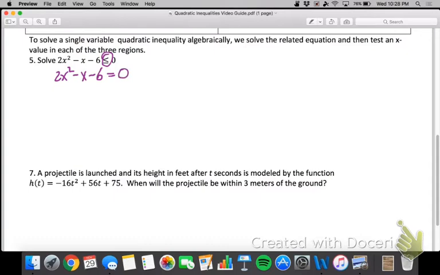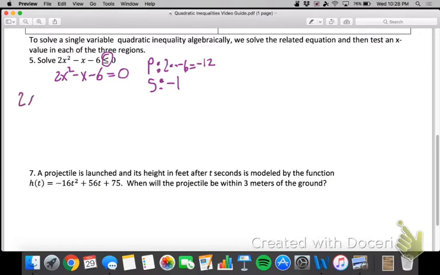So this one's factorable. 2 times negative 6 is negative 12. I need to find numbers that multiply to negative 12 and add to negative 1. That's going to be negative 4 and positive 3.